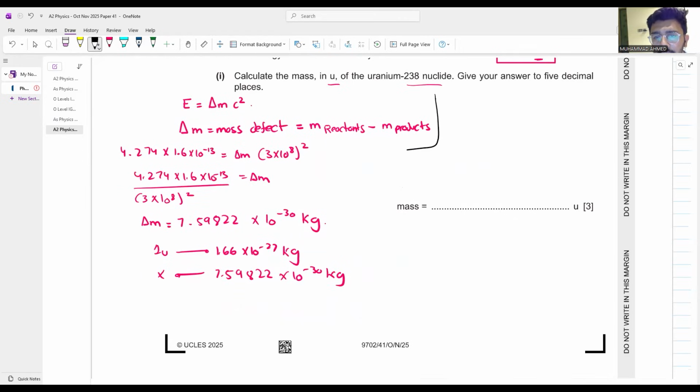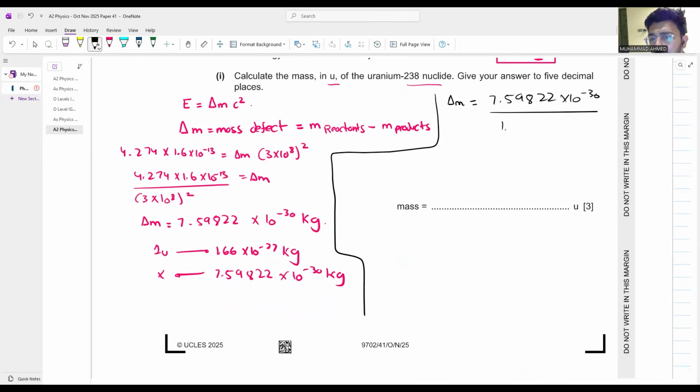Now let's do one thing. What will your mass defect come out to be in terms of U? 7.59822 × 10 raised to the power of minus 30 divided by 1.66 × 10 raised to the power of minus 27.